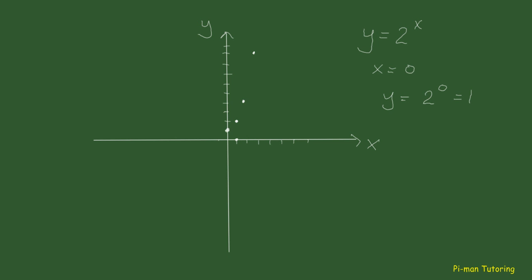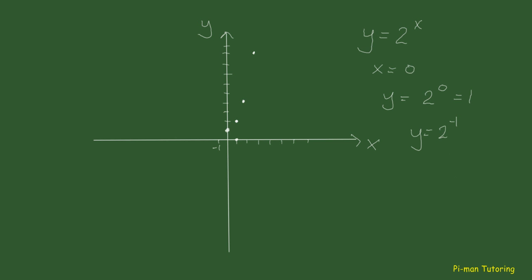And what happens out the other side here as we move to minus 1? y equals 2 to the minus 1. When you have a negative exponent, it has the effect of turning a fraction upside down.